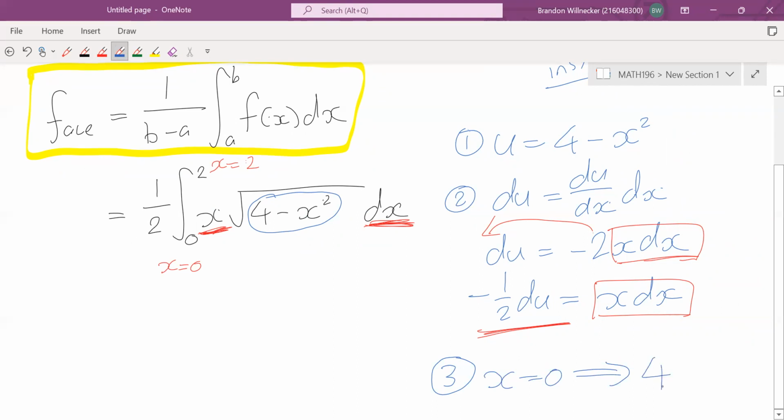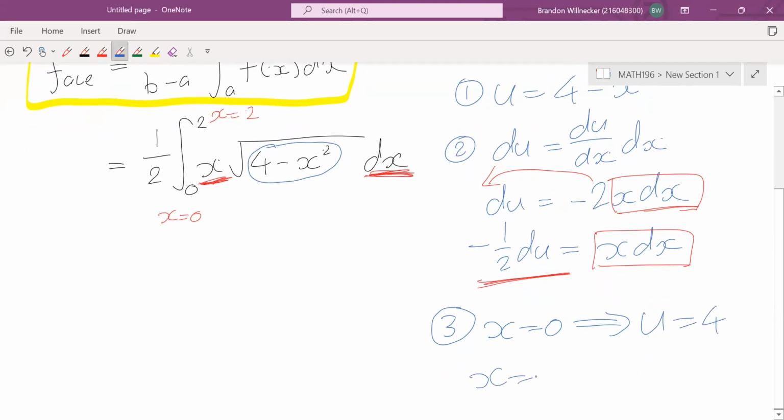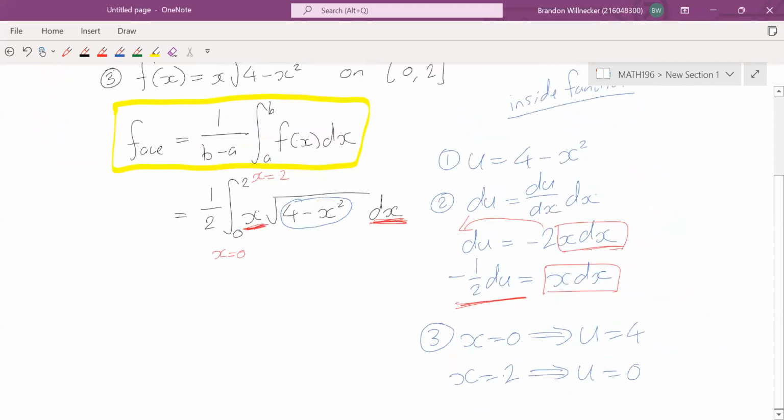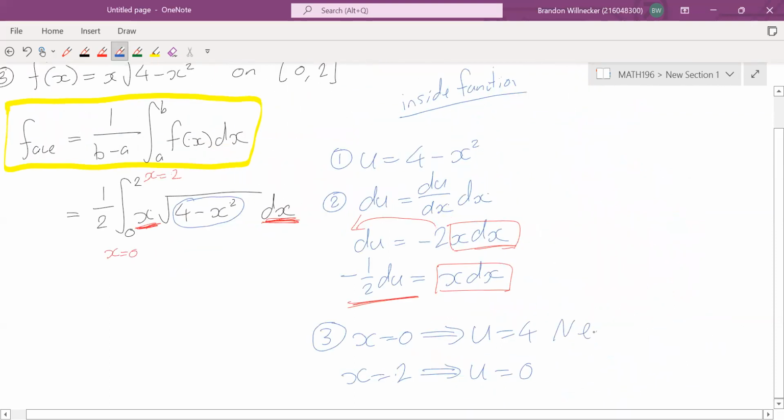That's going to be 4. So we can write that as u equals 4. If x is equal to 2, then u is going to be 4 minus 2 squared. That's 4 minus 4, so u is equal to 0. So we have our new lower bound and our new upper bound.